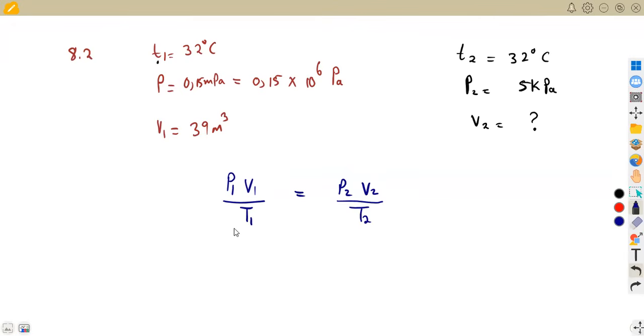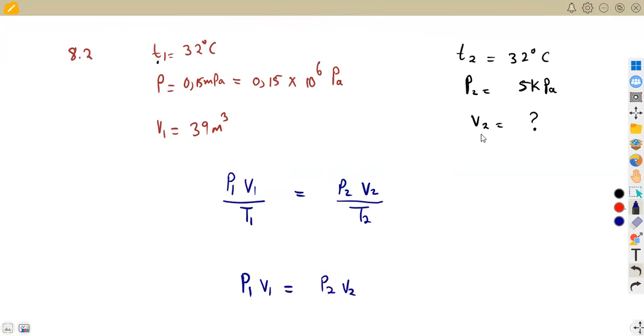Noting that T1 and T2 are the same, we can simply cancel these two because they are the same. So we can write our formula instead as P1 V1 is equivalent to P2 V2, since temperature is the same.